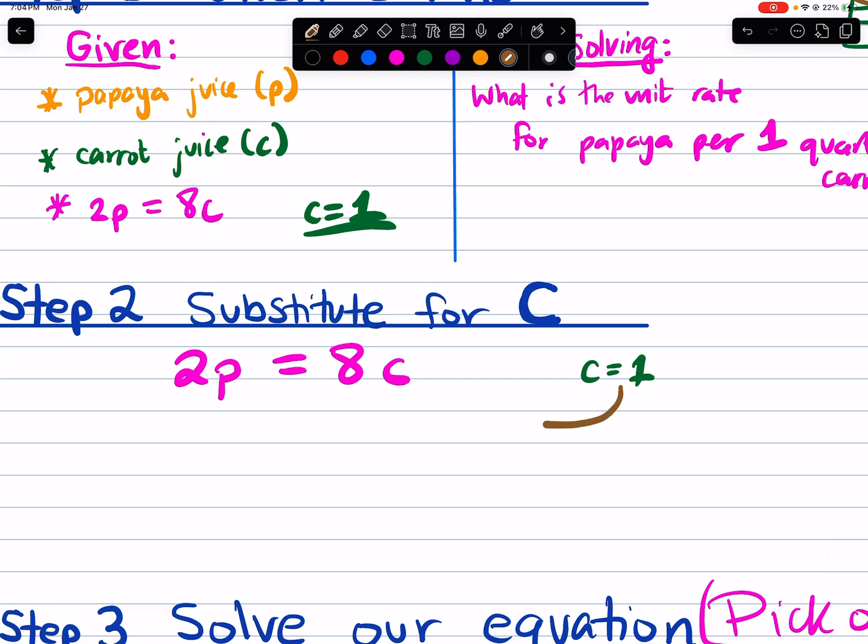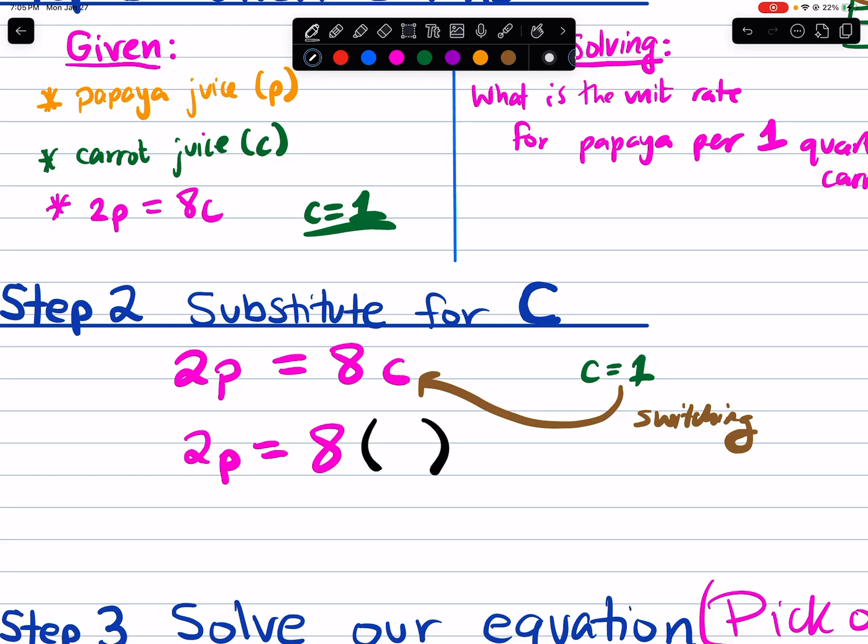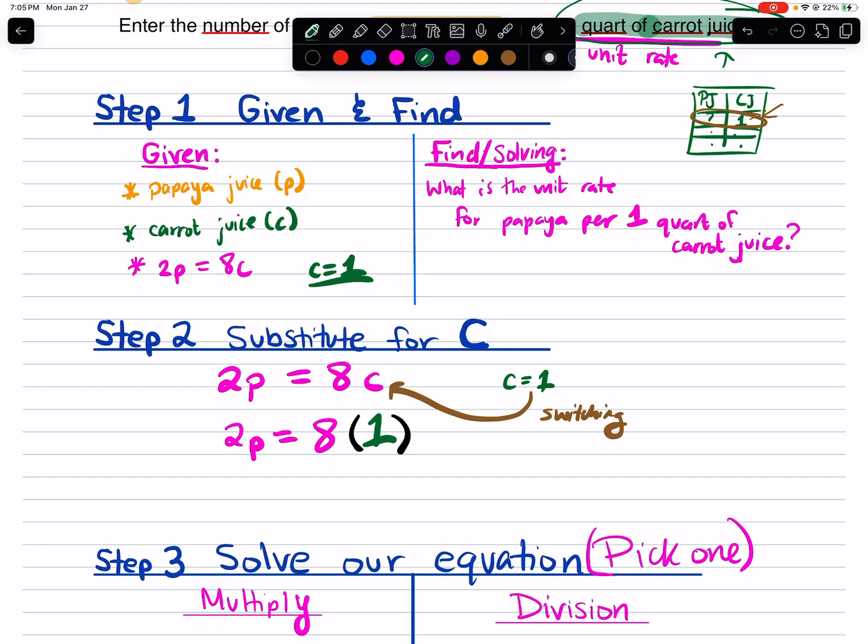So you know substitution. That means we're switching. So we have here 2p is equal to 8. Instead of a c, I'm going to put parentheses and replace that c with a 1. Boom, right there. With a 1.